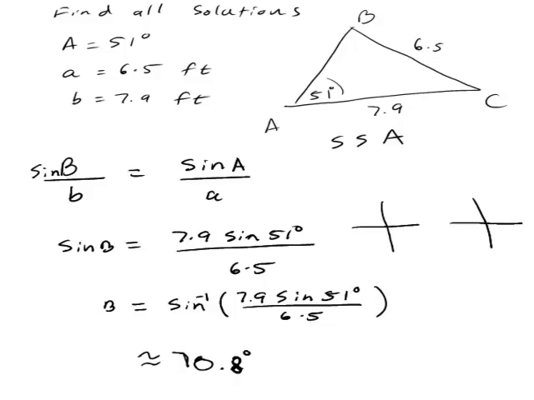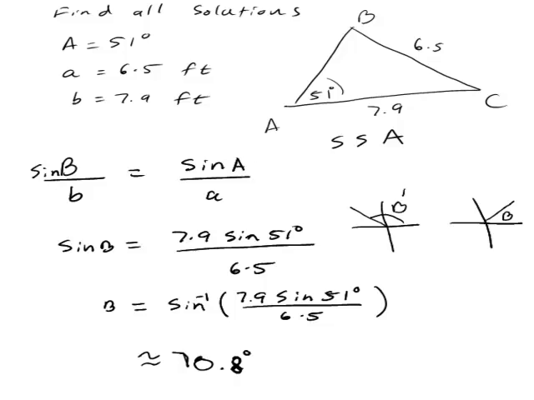Now, because that's the case, it's possible that we have an answer here, an angle that's in quadrant 1, which is an acute angle, right? Let's just call that B. Or we have an angle that's in quadrant 2. Let's call that B prime.